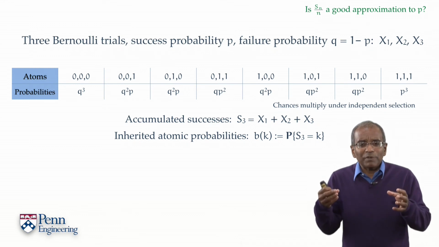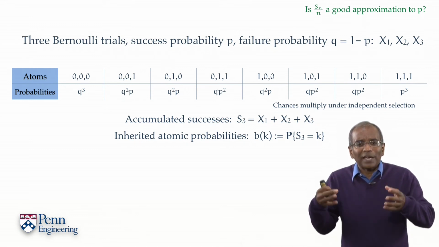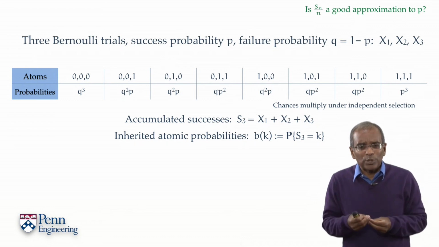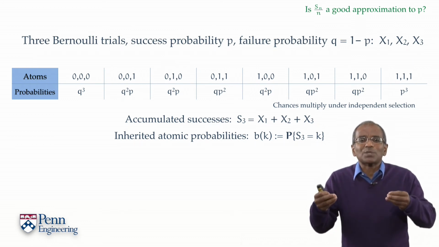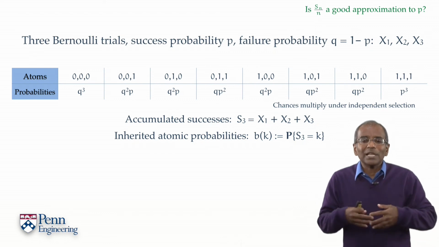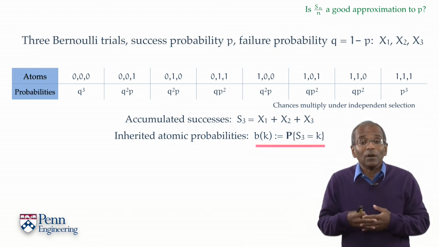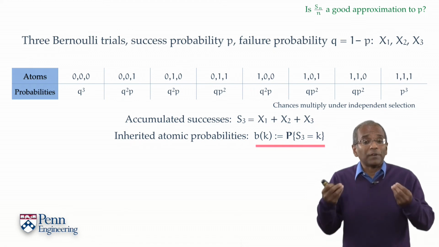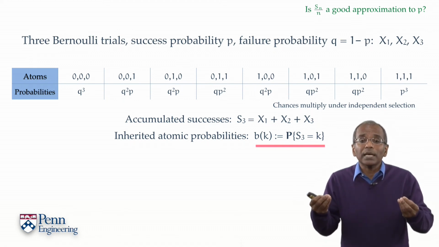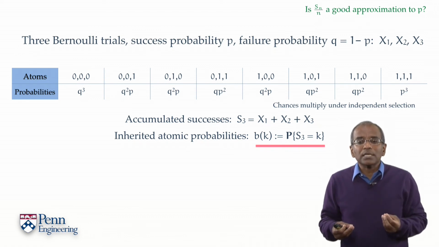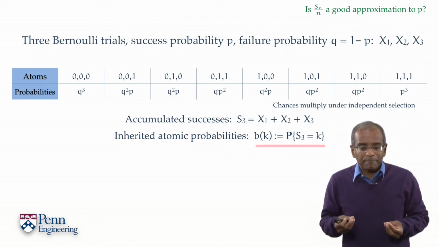Now, hitherto we've used p of k for the atomic function, but p is overloaded here. We are using p here for the success probability of a coin. So let's introduce some new notation. Let's call this b for Bernoulli of k. So b of k represents the probability that the accumulated sum of 3 Bernoulli trials takes value k.